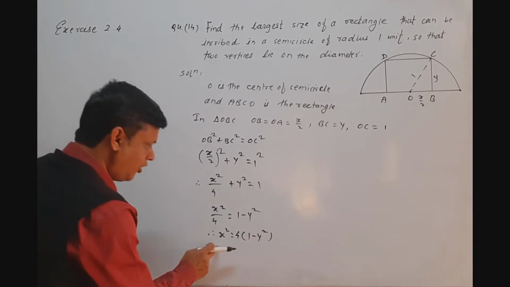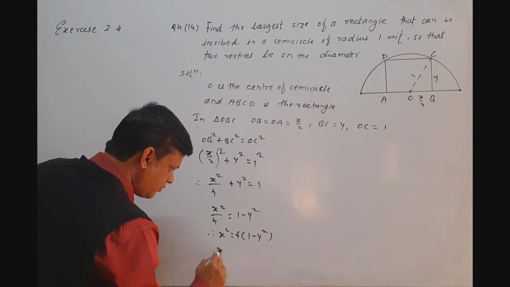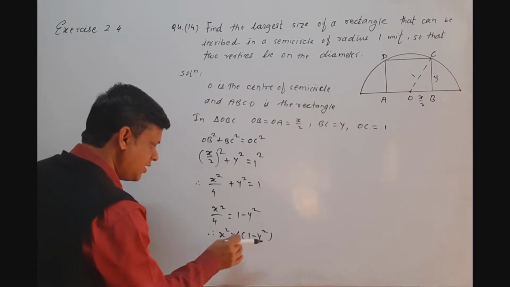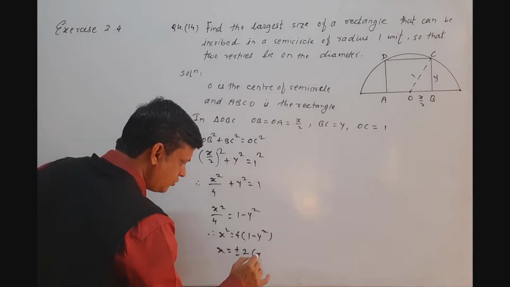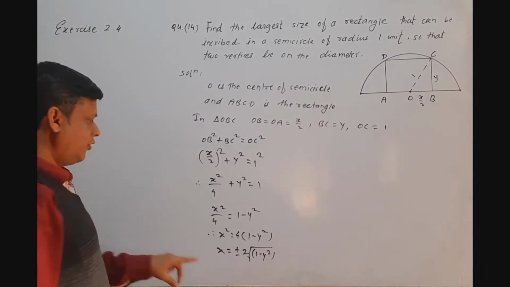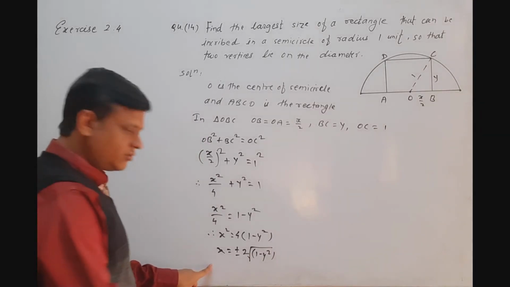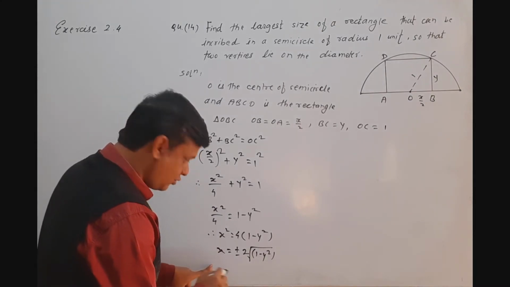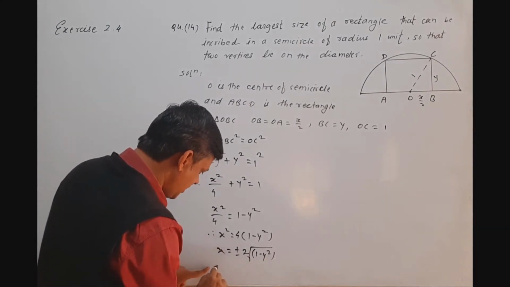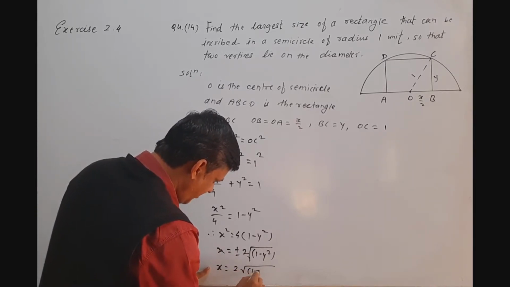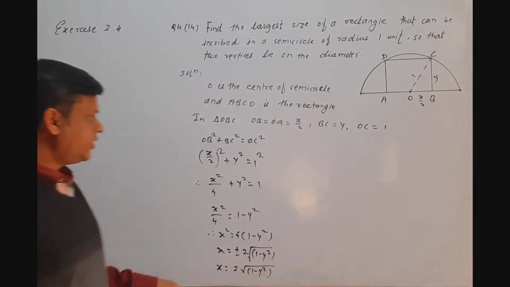Now we require the value of x. So taking square root on both sides, x is equal to plus or minus square root of 4, which is 2, times root 1 minus y square. Now x is a dimension, and dimensions are always positive. So x is equal to 2 root 1 minus y square, the positive value.